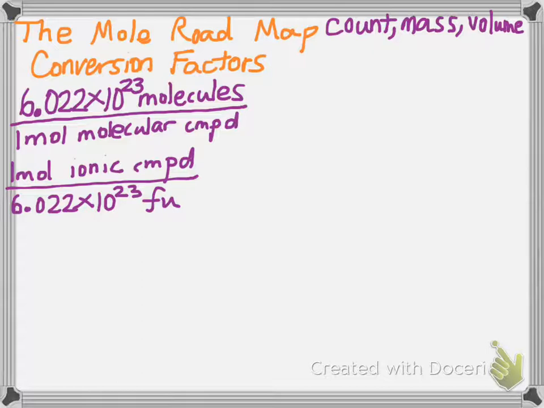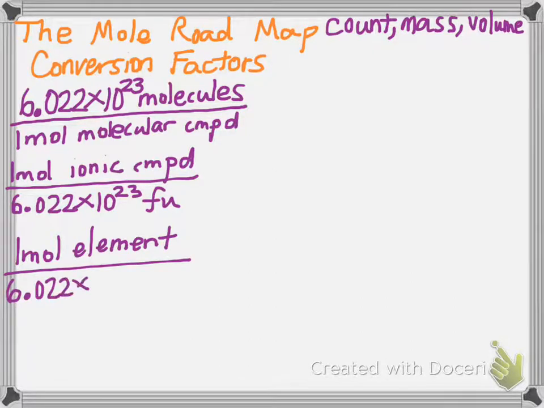Our last count conversion factor is when we have 1 mole of element. Then we have Avogadro's number, 6.022 times 10 to the 23rd atoms, because the representative particle of an element is an atom. So again, these are your count conversion factors.